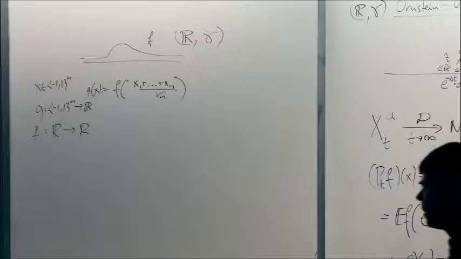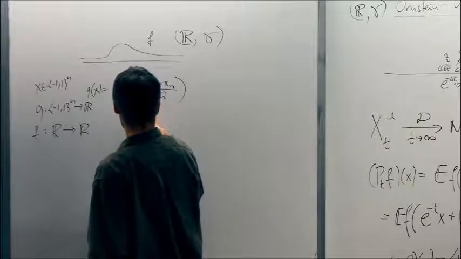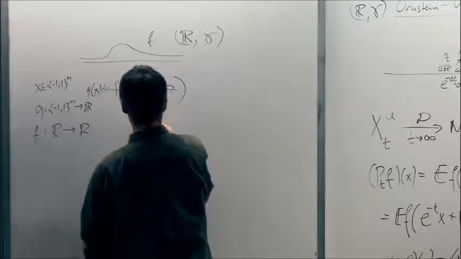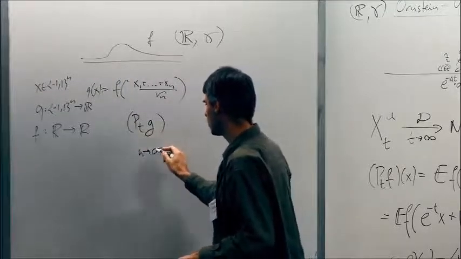Okay? And now you can apply the usual semigroup on the cube to this function. Okay? And then you can see what happens when n goes to infinity.